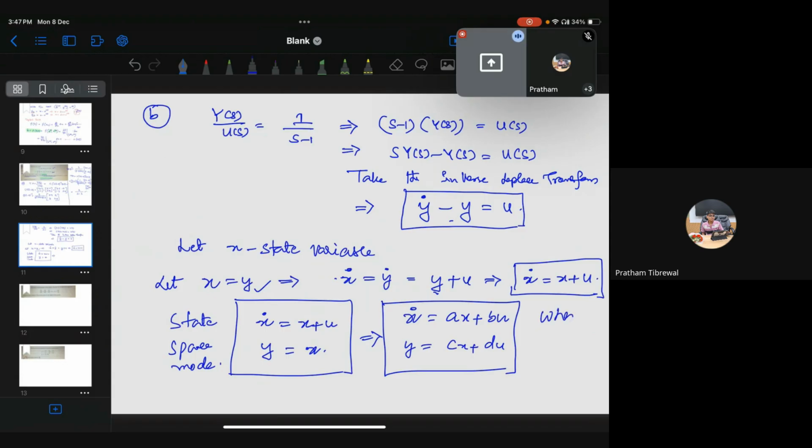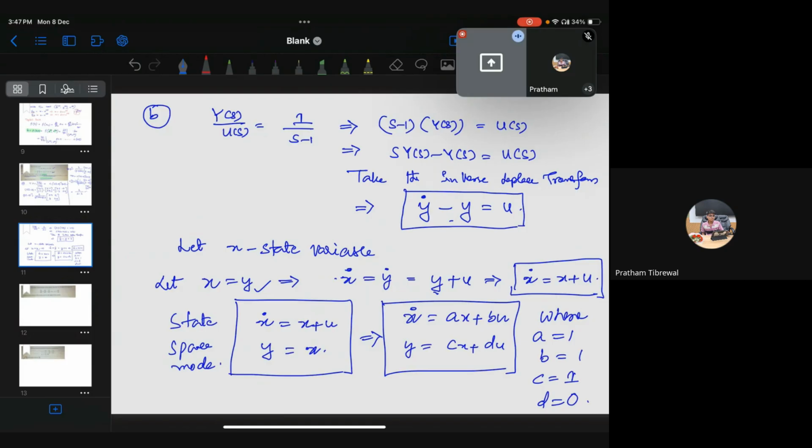So A equal to 1, B equal to 1, C equal to 1, and D equal to 0. So that is how we will find the state space model from the transfer function.